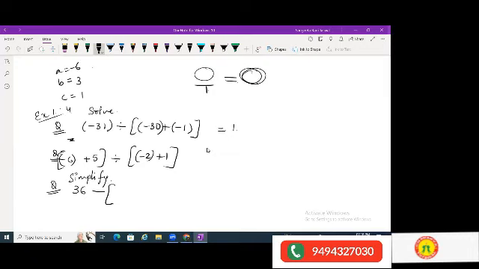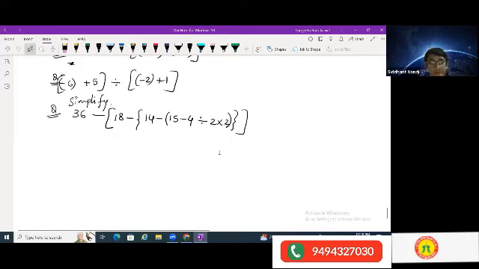36 minus, then you have a big bracket here. Then 18 minus, then you have the second bracket. 14 minus, then you have the small bracket. 15 minus 4 divided by 2 multiplied by 2. Try this if you can do. I mean, these type of questions I get confused, ma'am.